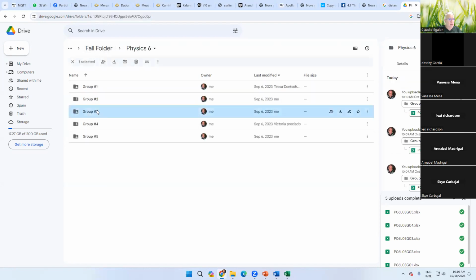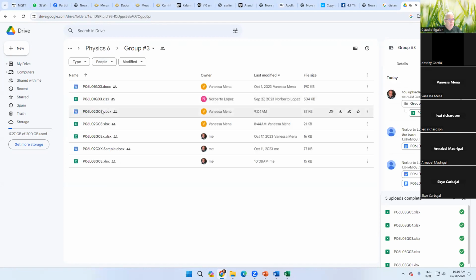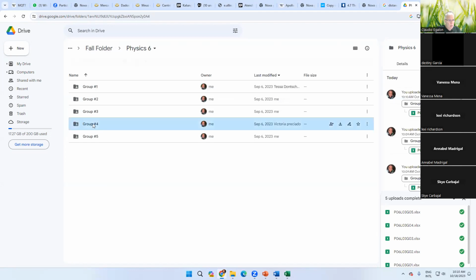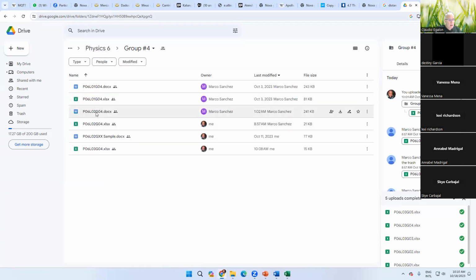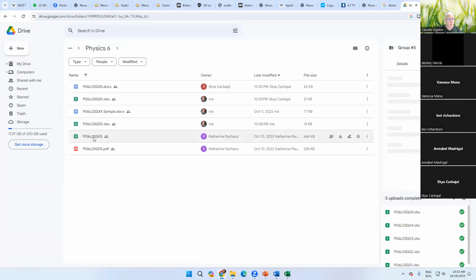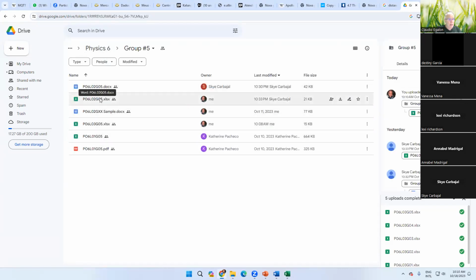Let's see, group 3. Okay, group 2 has everything. Lab 2, group 4. Let's see. Okay, good. And what about group 5? Okay, everybody but group 1 or 2, right? I'll be correcting those labs soon.